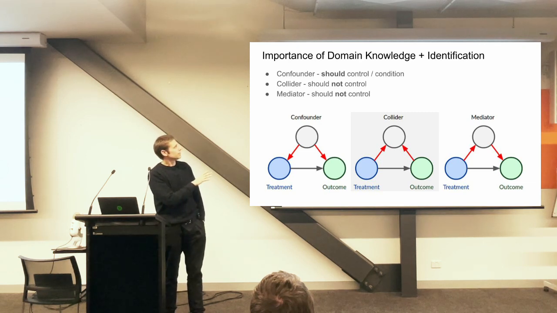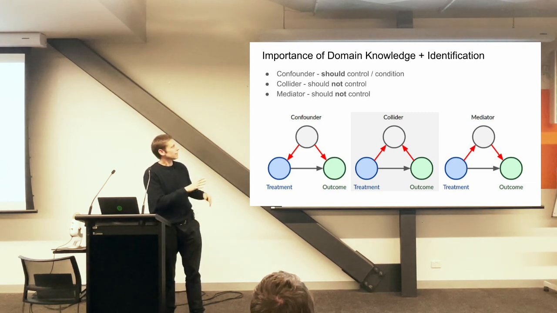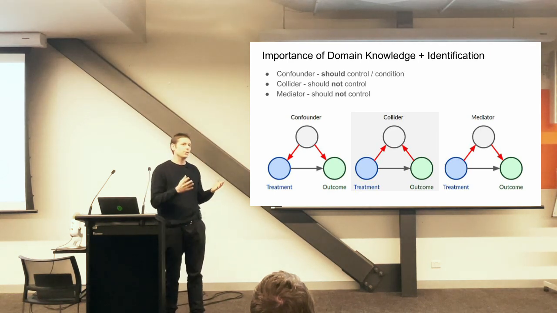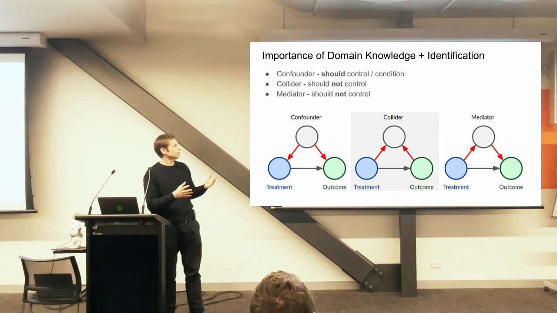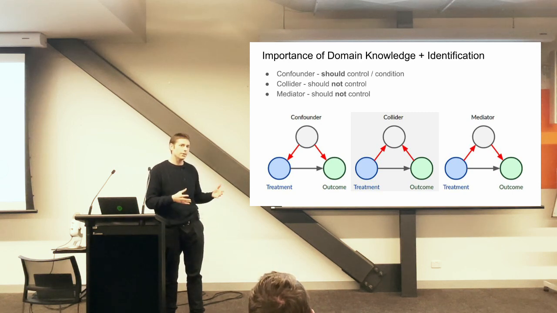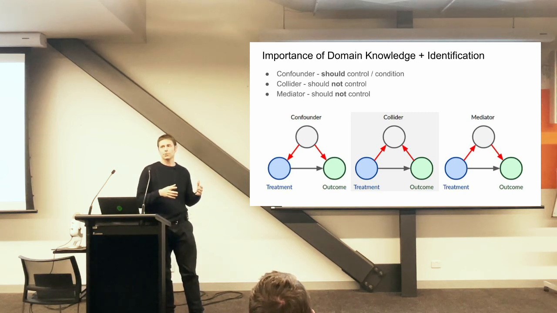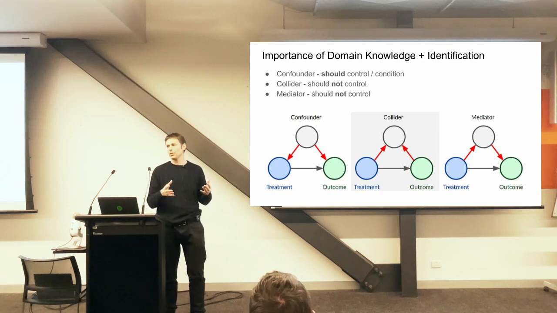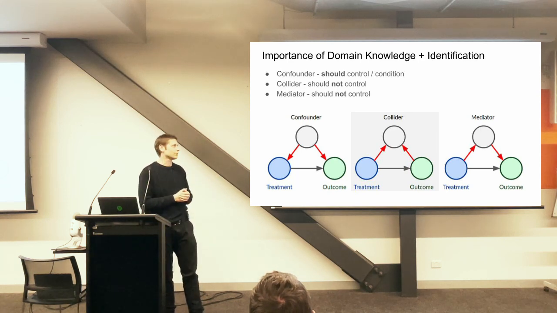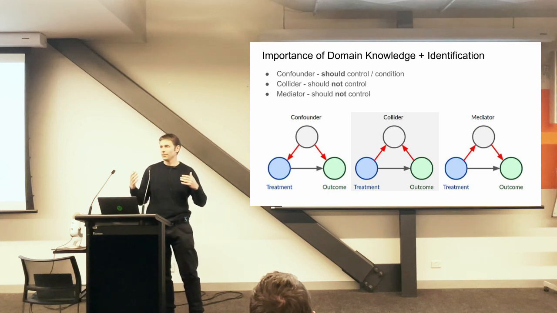And there's sometimes a tendency for people to say, well, let's just control for everything. But in fact, there are certain structures that mean that if you control for too many or the wrong variables, you actually introduce new forms of bias, and it makes your result worse than it would have been without controlling for those variables. You can actually completely eliminate the effect that you're interested in by controlling for too many variables.